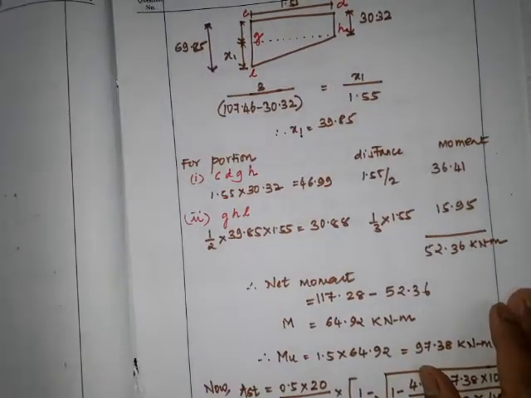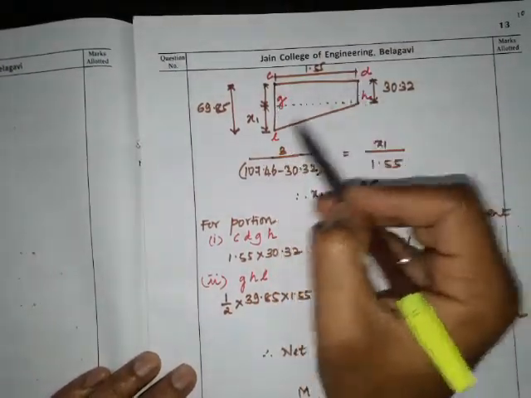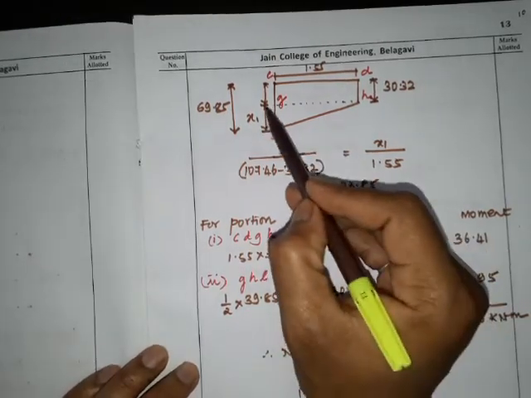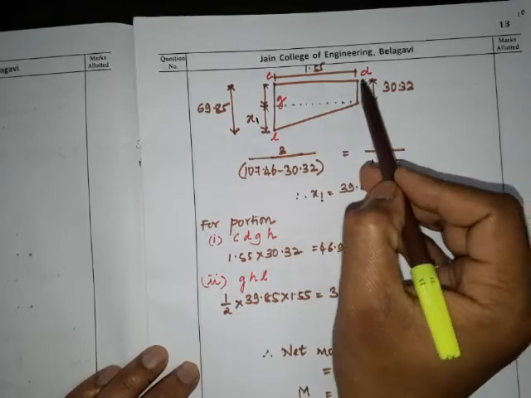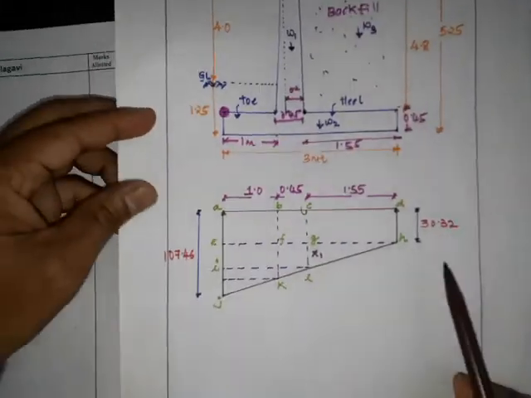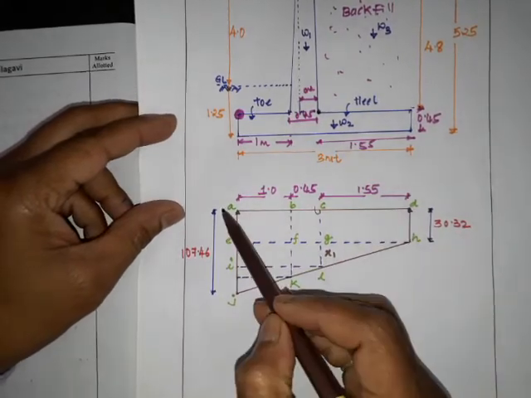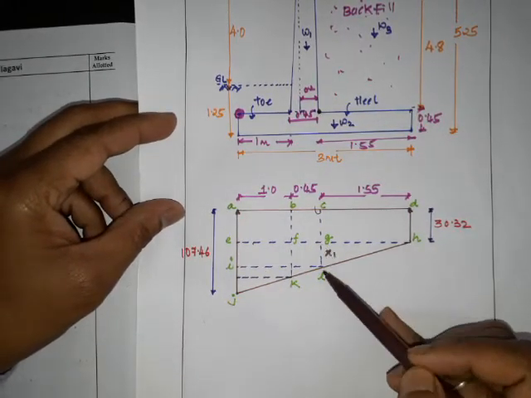You can check here, we have CD, GH and L. For that we have to find out this height, which I have considered as x1. For that we consider the symmetrical triangle concept. This is 3 meter, and 1.55 by this.